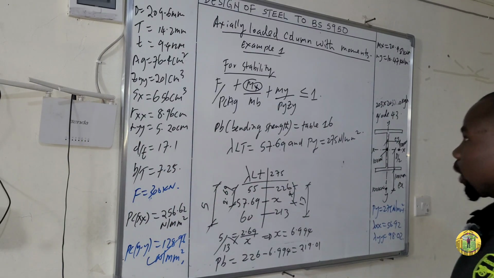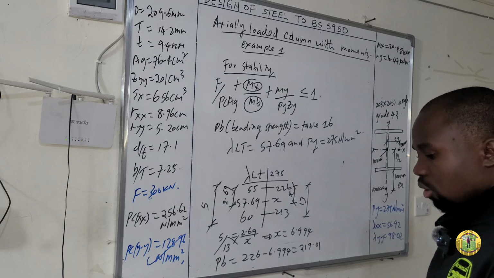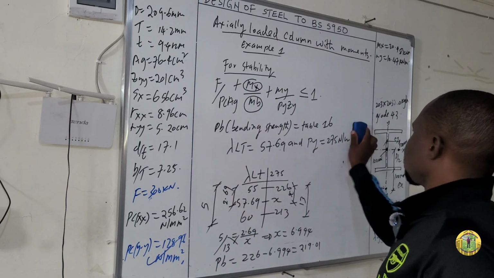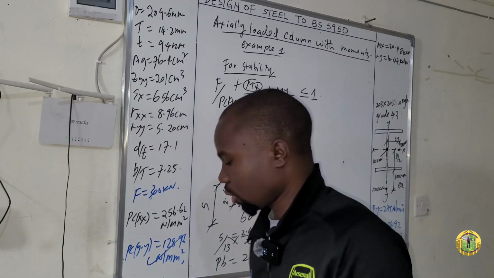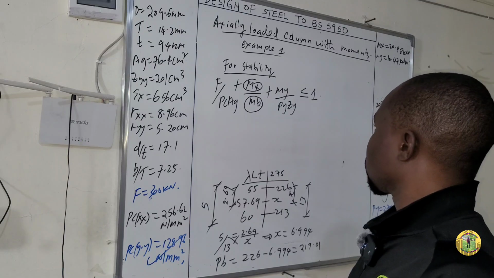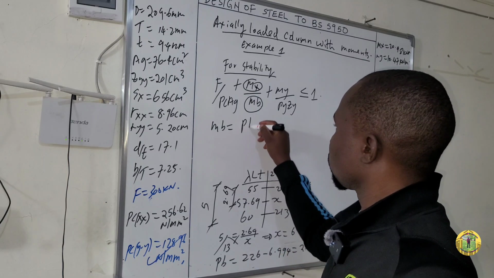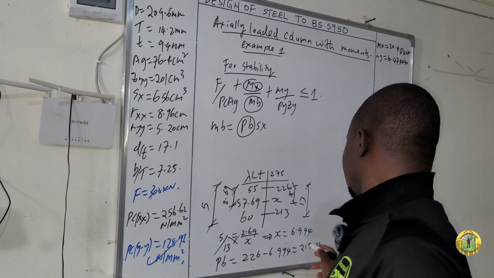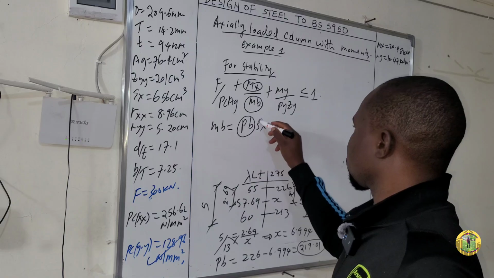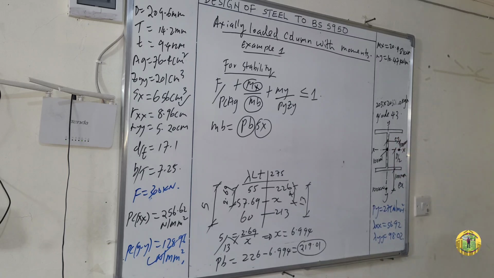So after doing so, we will now calculate the MB. So MB is equal to PB times SX, whereby PB is this value and SX is the plastic modulus, which is 656 centimeter cubed.